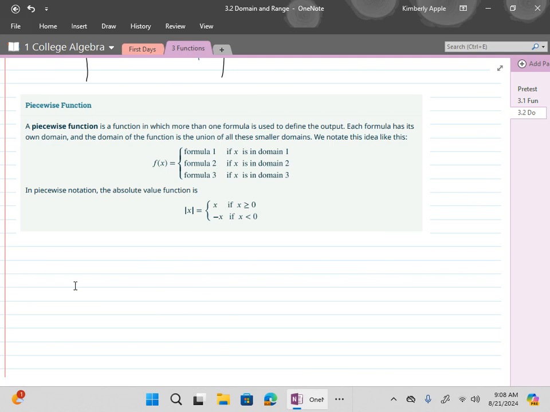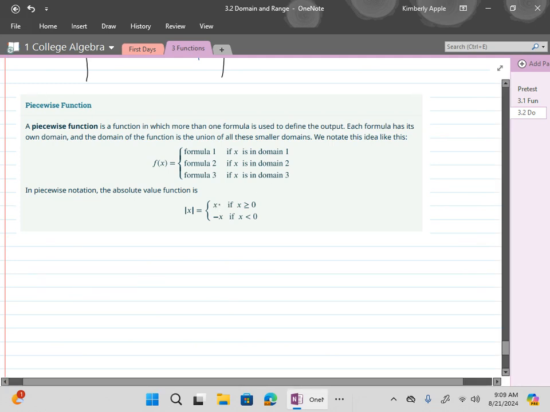Here, this is the absolute value function written as a piecewise function. Formula number 1 applies if x is greater than or equal to 0, and you negate it if x is less than 0.